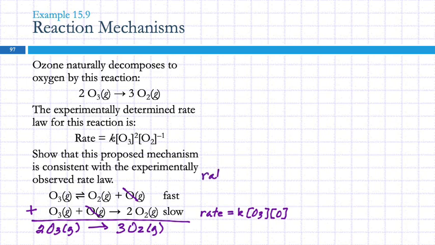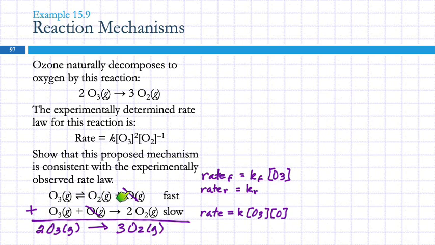And so the forward rate for that would be equal to the forward rate constant times the ozone concentration, right? That's going forward. And the reverse rate is going to be the reverse rate constant.